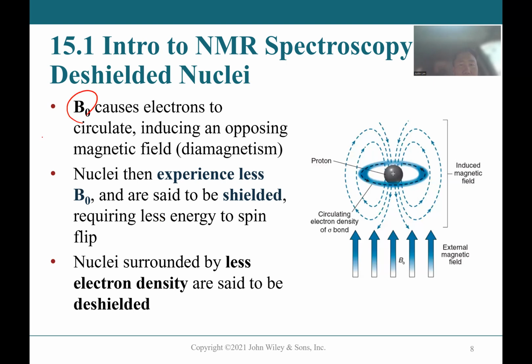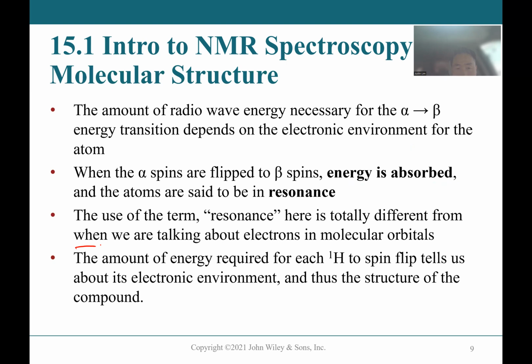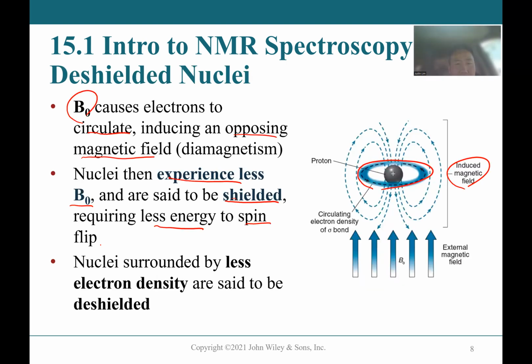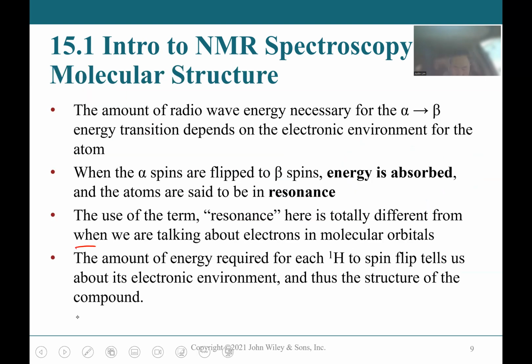External magnetic fields cause electrons to circulate, inducing an opposing magnetic field. Nuclei that experience less external magnetic field are said to be shielded, requiring less energy to spin flip. Nuclei surrounded by less electron density are said to be deshielded.